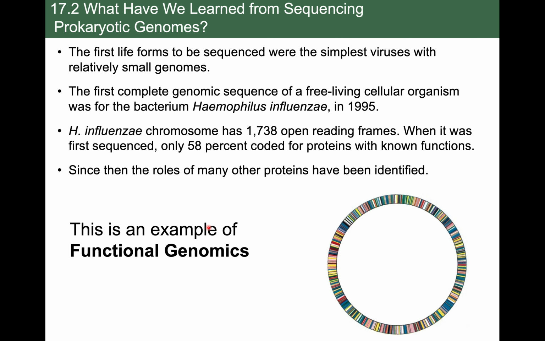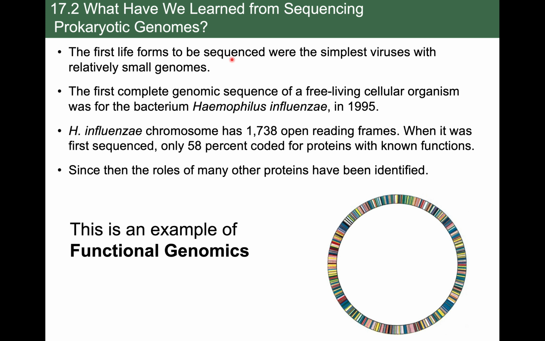So as I think I mentioned, the very first genomes that were sequenced, because they were smaller, were prokaryotic genomes. And in fact, the very first genome to be fully sequenced of a free living organism was this bacteria, Haemophilus influenza, in 1995. There were a number of virus genomes that had been sequenced before that because they are even smaller than bacterial genomes.